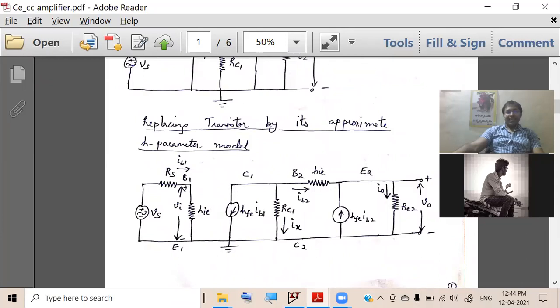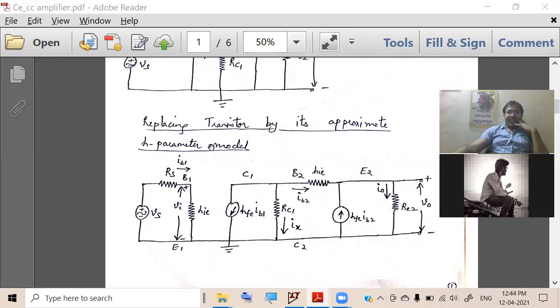Now the next task is finding the input resistance Ri or Zi, both are the same. So what is the input resistance here? Very easy question. Yesterday also we discussed VI by IB1.